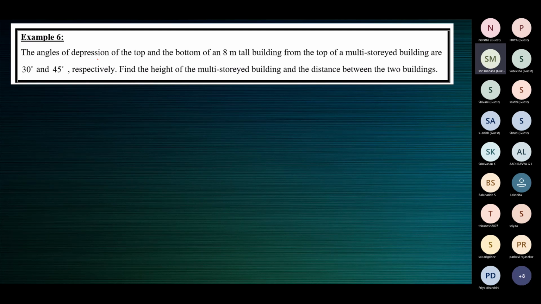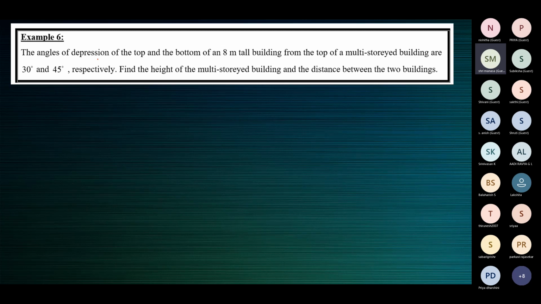Both of them are below us. That means we are standing at a higher level, and what we are looking at is at a lower level. Please visualize that. We have two angles, both depression.